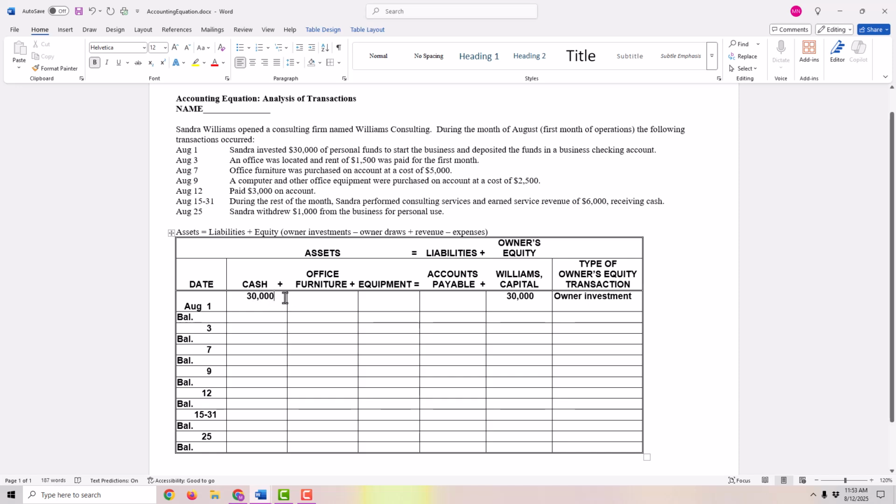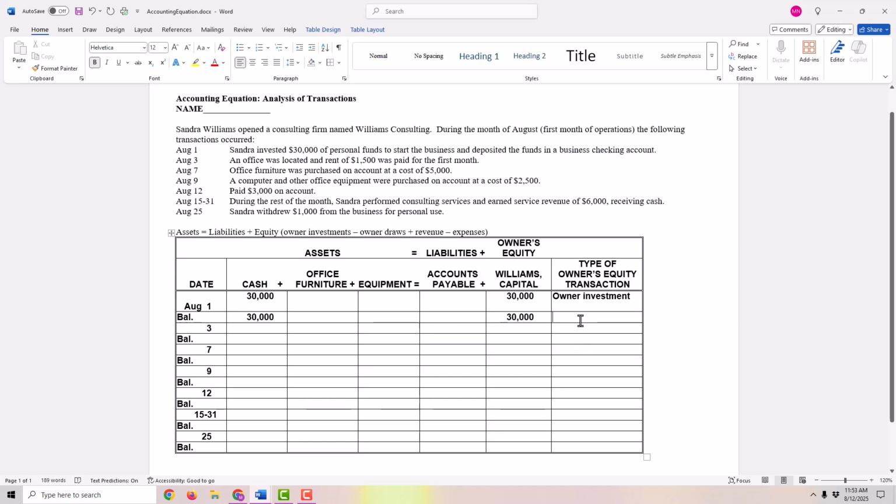So I'm going to add $30,000 on the left side of the equation under assets, and I'm adding $30,000 to the right side of the equation as equity. So if I were to calculate the ending balances right now to make sure this equals, I have $30,000 under cash, $30,000 under capital. The left side of the equation equals the right side of the equation.